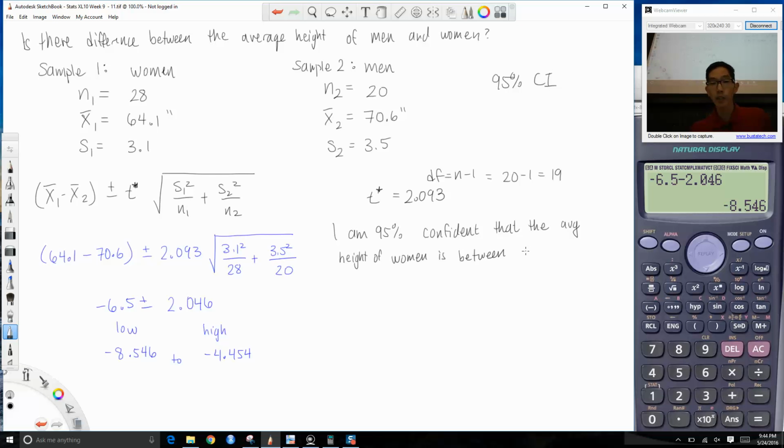So I'm going to just write is between 4.45 inches and 8.55 inches shorter, because they're negative, right? Shorter than the average height of men.